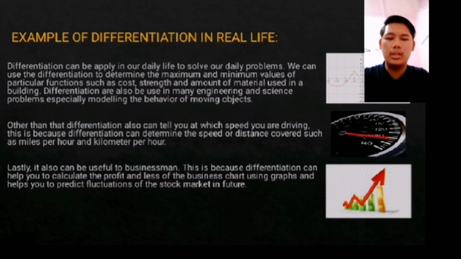Assalamualaikum warahmatullahi wabarakatuh. My name is Muhammad Alif Aiman bin Syamsul Bahri. My matric number is 09DKM21F1130. Today I want to tell you about examples of differentiation in real life. Differentiation can be applied in our daily life to solve our daily problems. We can use differentiation to determine the maximum and minimum values of a particular function, such as cost, strength, and amount of material used in a building.